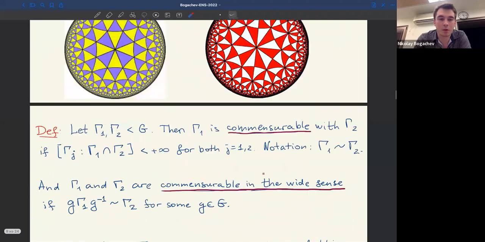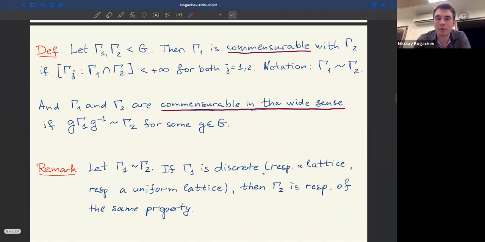I think that everyone is familiar with the commensurability notion, but let me just repeat this definition. We say that gamma 1 is commensurable with gamma 2 if the intersection is of finite index in both.